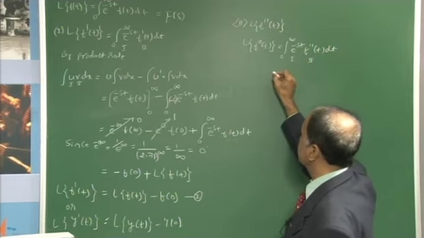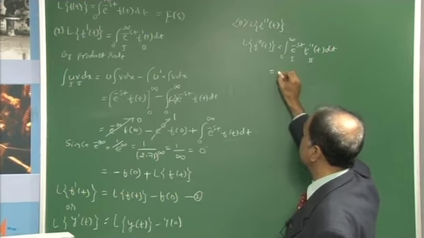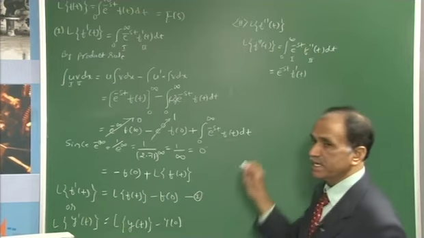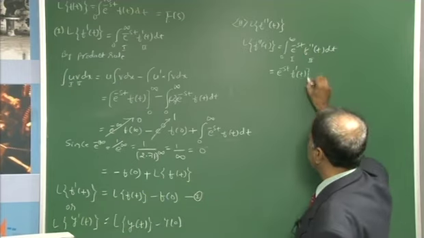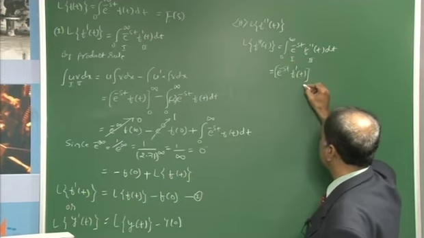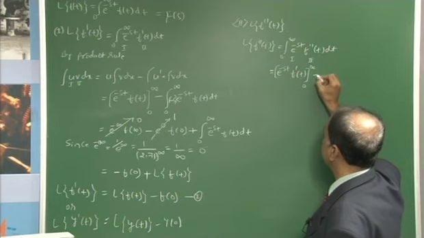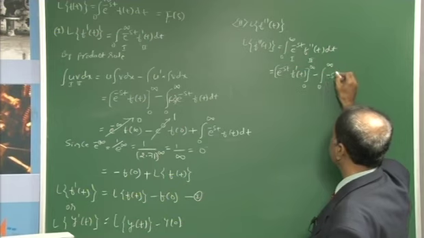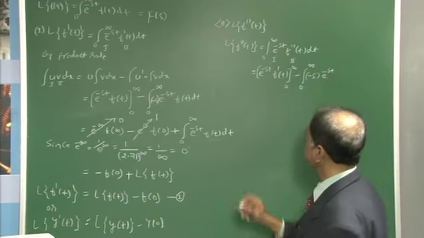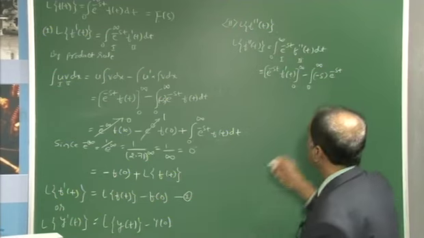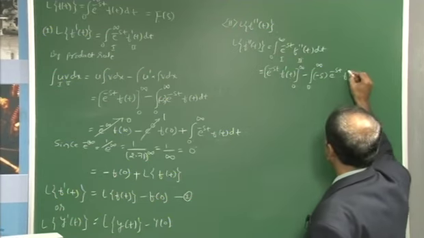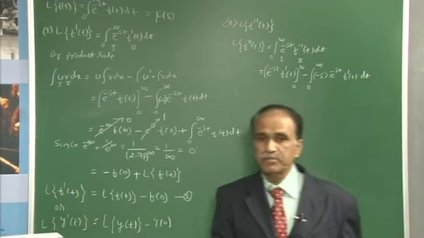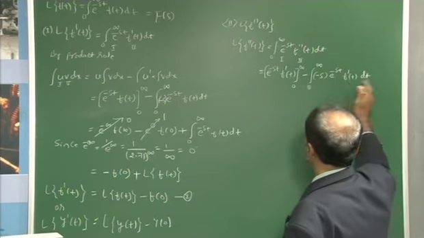When you apply integration by parts, the first function stays e to the power minus st, and f double dash becomes f dash of t, and this product is to be taken between limits 0 to infinity, minus integration of the differential of the first term, that is minus s e to the power minus st, and f double dash becomes f dash of t, dt.